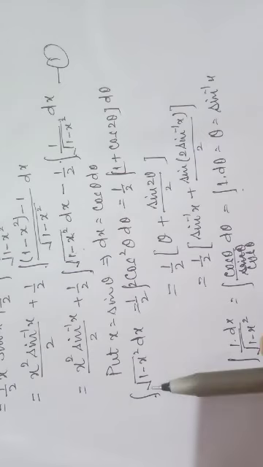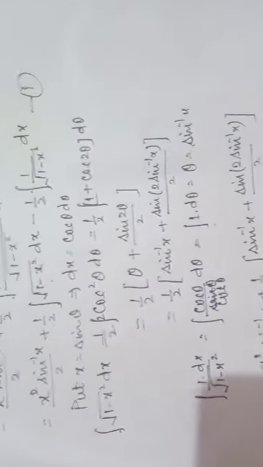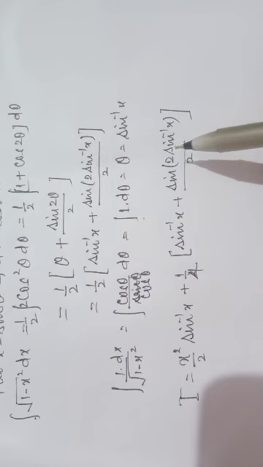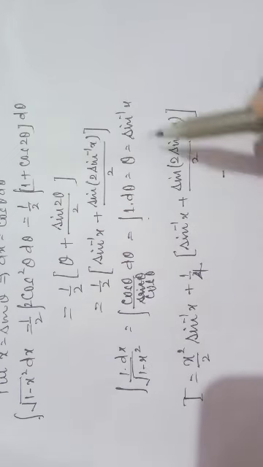We have just obtained the integration of under root 1 minus x square, that is also 1 by 2, meaning 1 by 4 sine inverse x plus sine 2 sine inverse x by 2, and minus 1 by 2 into the integration of 1 upon under root 1 minus x square, which is sine inverse x.